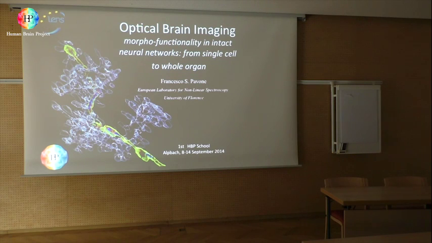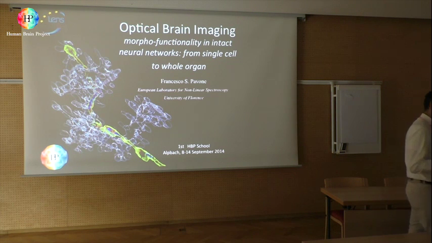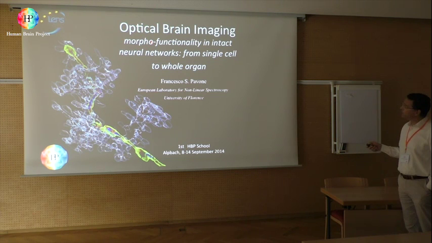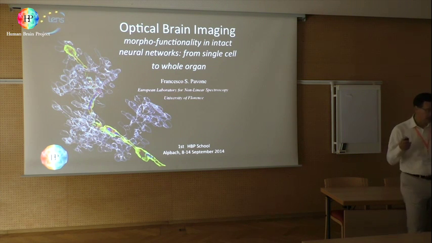In other words, when we are talking about the brain, it's not possible to disentangle the information at the single neuron level from the information on a higher and larger area, and it's not possible to separate the interaction between those areas. So you must provide an imaging tool which is able to give morphology and functionality information on the whole brain and at the single cell level. So it's a very challenging task.